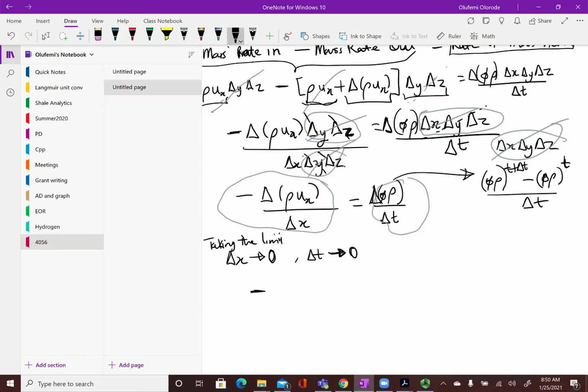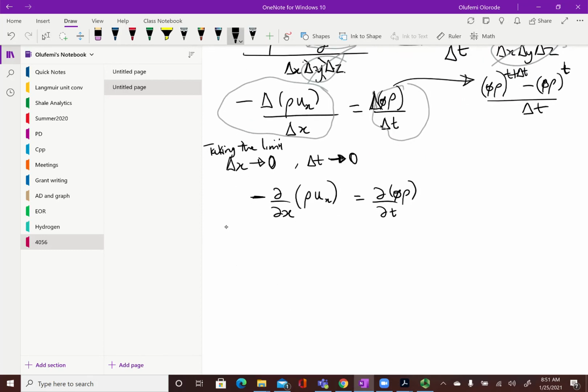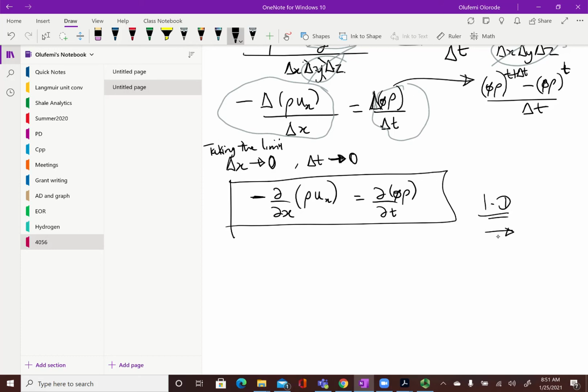You can write this equation as partial derivative with respect to x of rho ux equals partial derivative with respect to time of phi rho. And this is your continuity equation for 1D, and the direction is x direction.